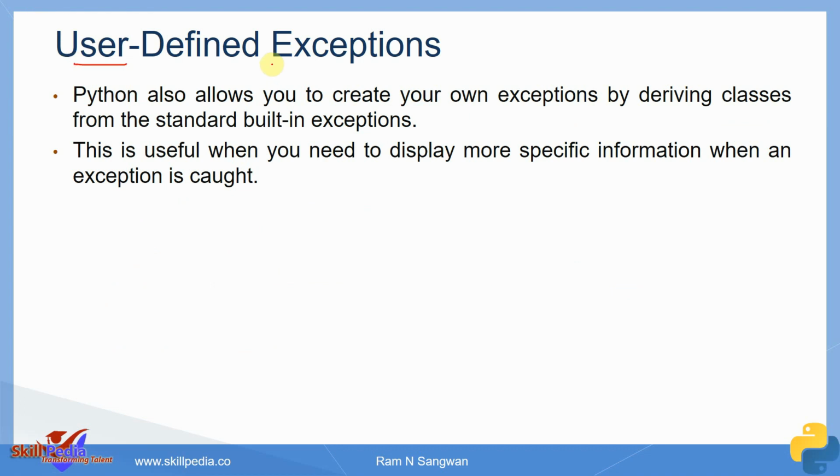User defined exceptions. You can define your own exceptions. That is interesting. Python also allows you to create your own exception by deriving classes from standard built-in exceptions. This is useful when you need to display more specific information when an exception is caught.